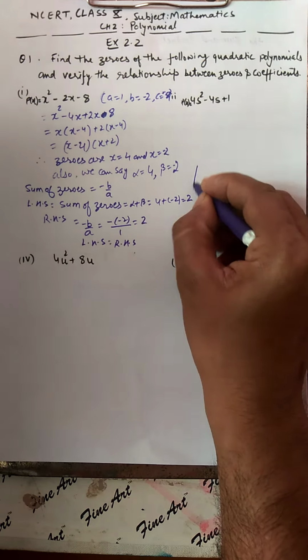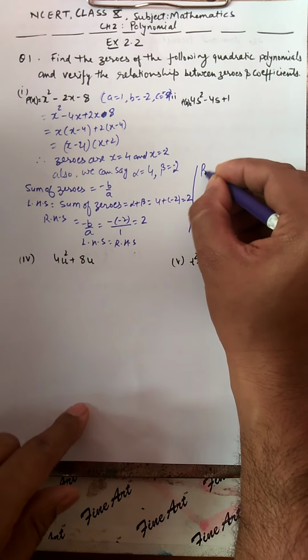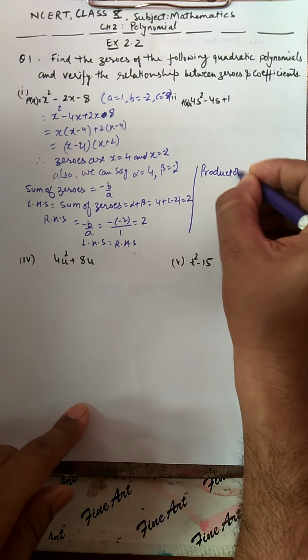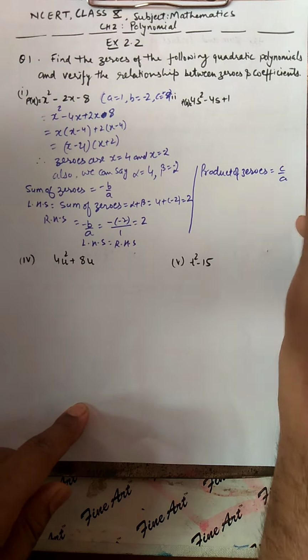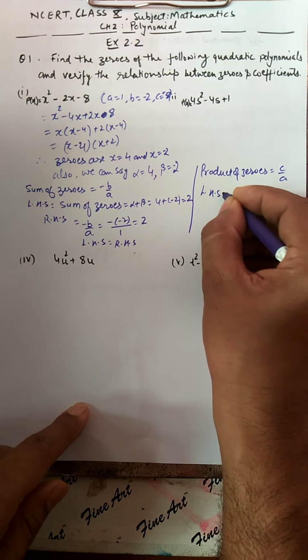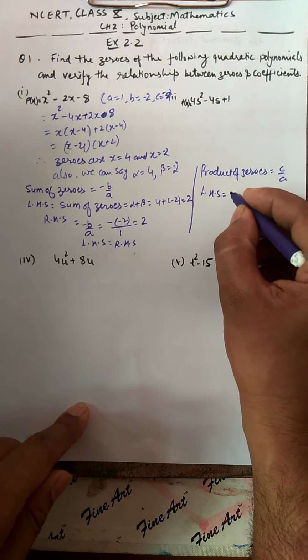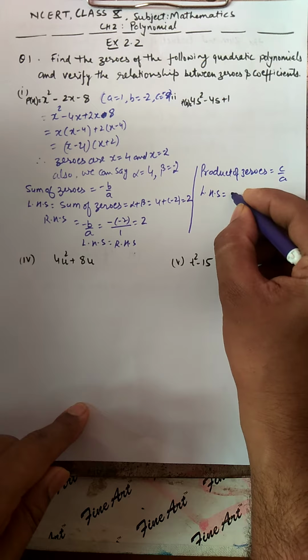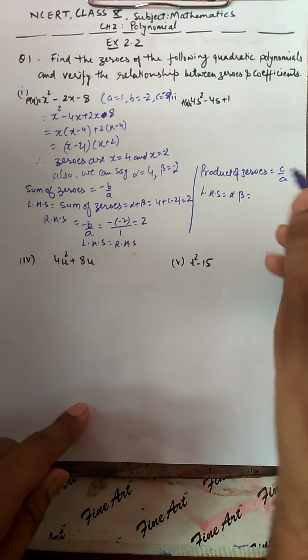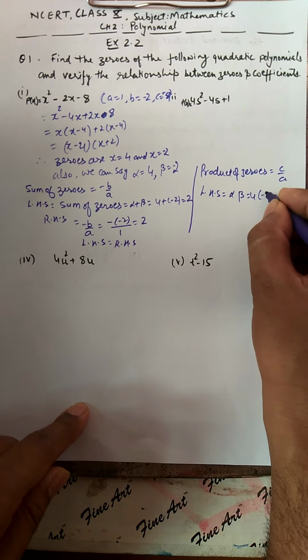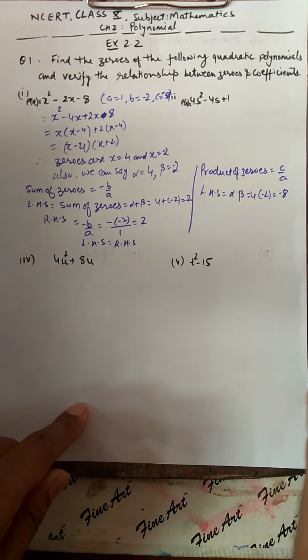Now the next is the product of zeros equal to c by a. LHS is the product of zeros, alpha into beta, because these are the zeros. So this is 4 into minus 2, answer is minus 8.